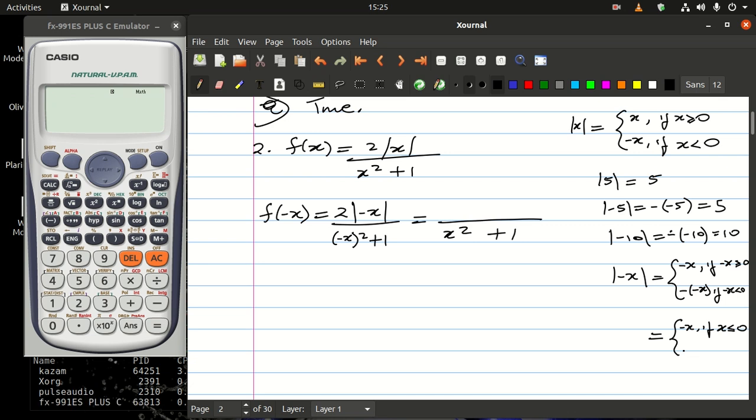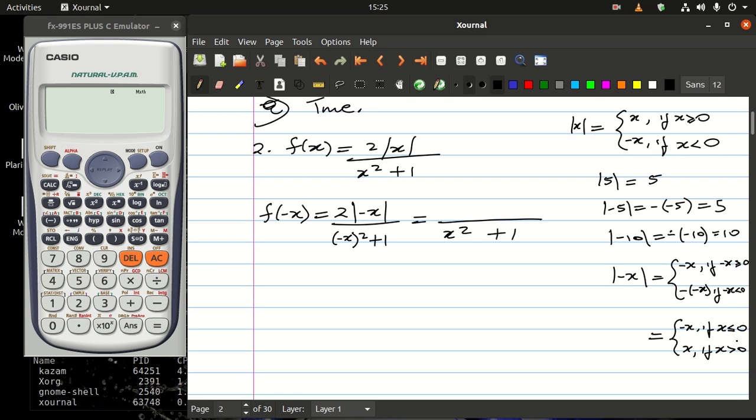And then this side is going to be positive x if x is greater than 0. Remember, I multiplied by a negative because I just want to isolate x.